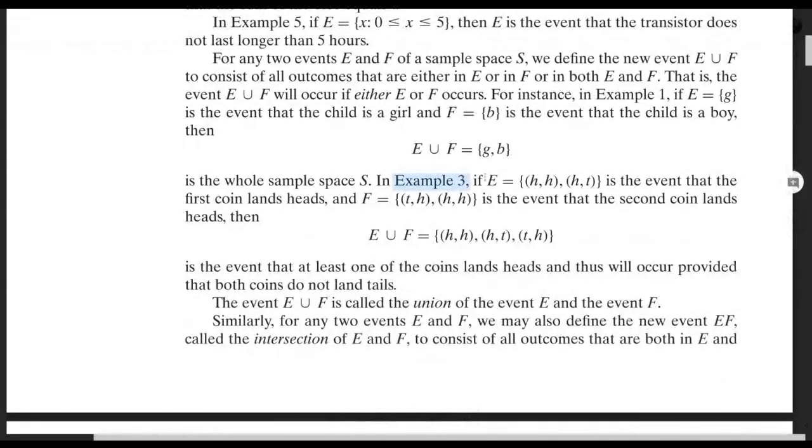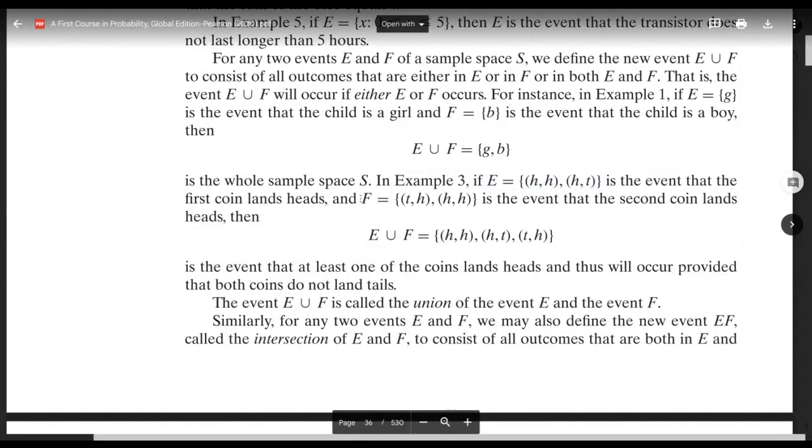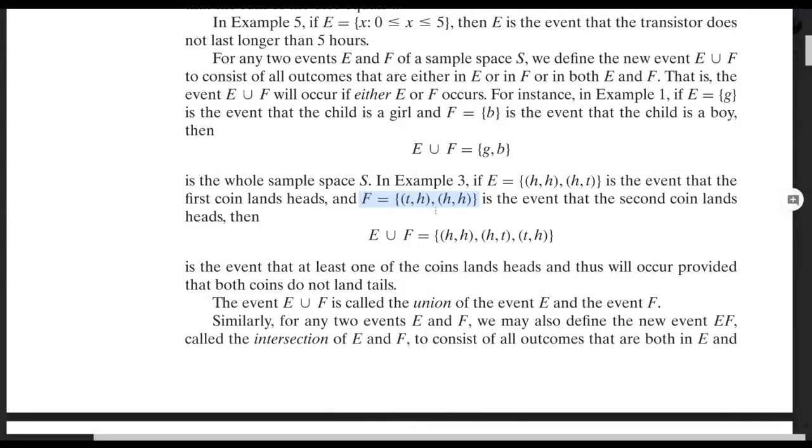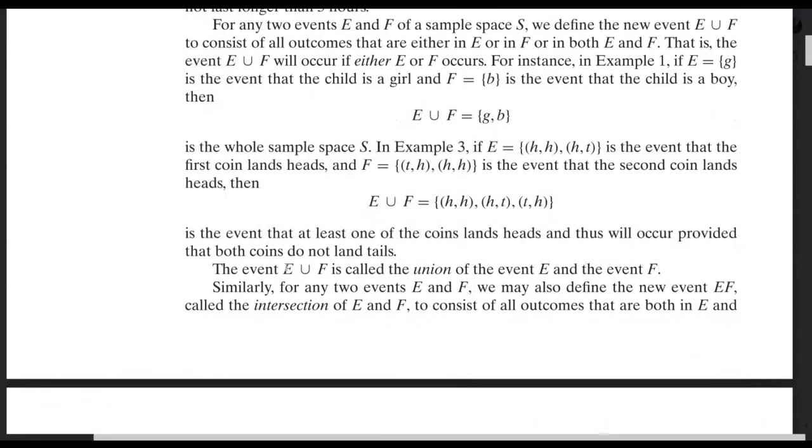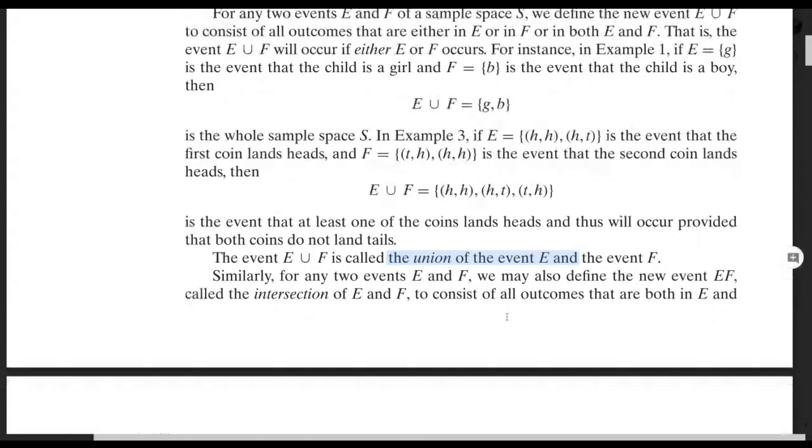In example 3, if E is the event that the first one is head, and F represents the second one landed head, then E union F is also the whole sample space. We just call it the union of event E and event F.